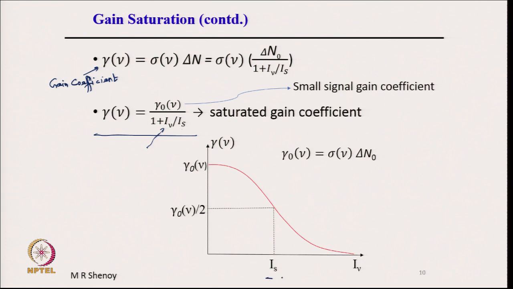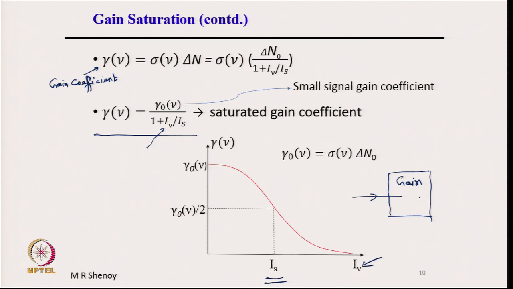That is the definition of saturation intensity. So one can measure this saturation intensity by observing the intensity of the radiation passing through the medium. So what we are saying is this. You have a medium which is a gain medium.